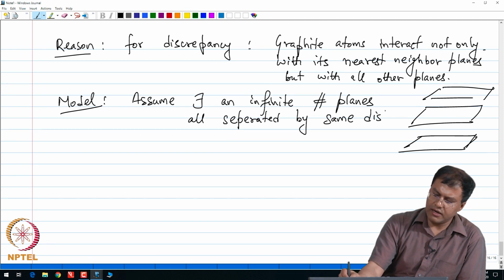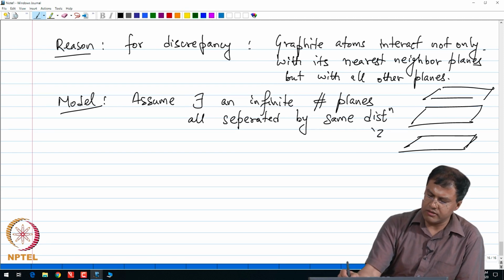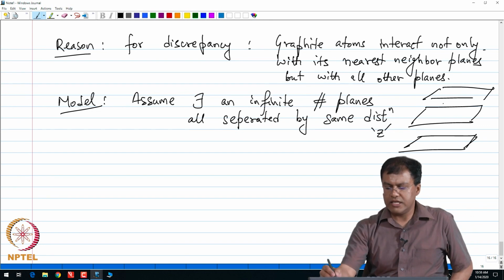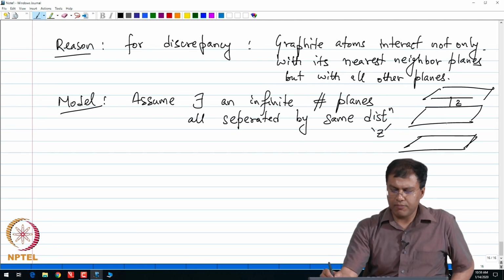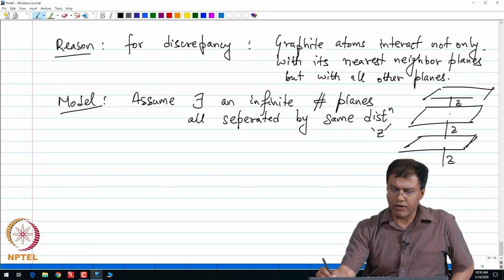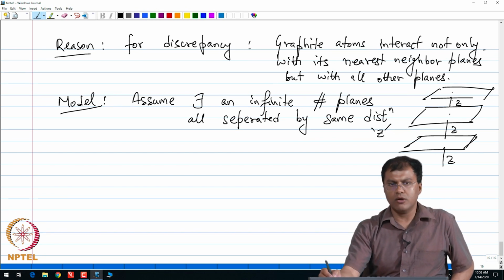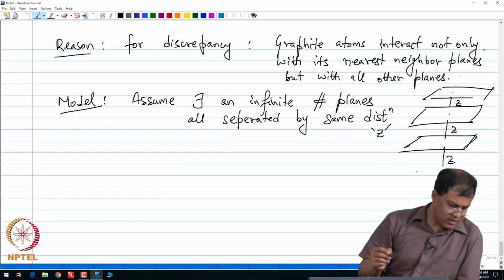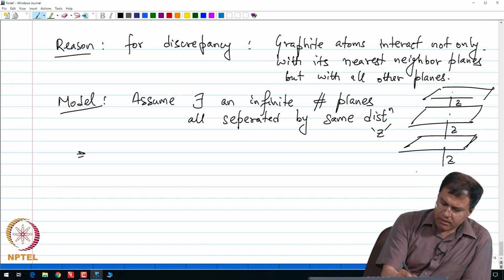Let me call this distance z. So, one sheet is separated from the central sheet by z, the other also by z and so on so forth, right. So, if we were to find the total distance, they become z, 2z, 3z and so on so forth, right.